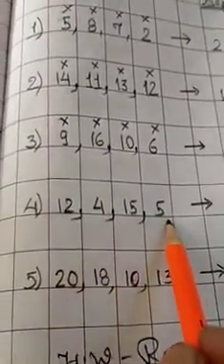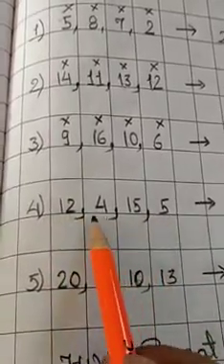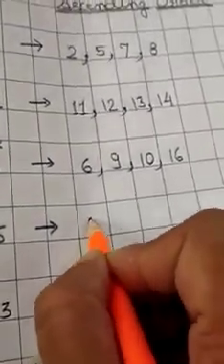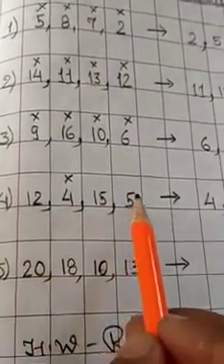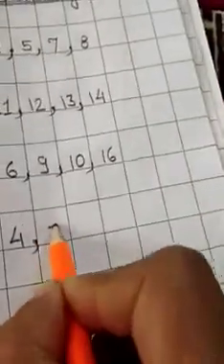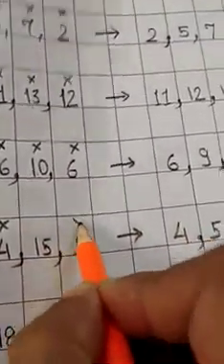Next one is 12, 4, 15 and 5. Now tell me which one is smallest? Yes, 4. So cross this 4 first and write 4 here. Put a comma. Now between 12, 15 and 5, which one is smallest? 5. So write 5 here. Cross this 5.